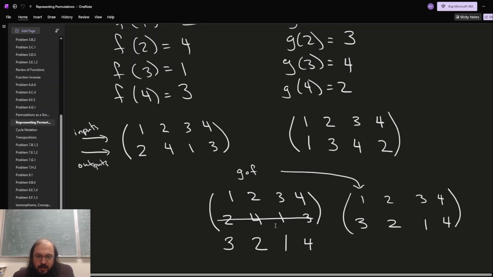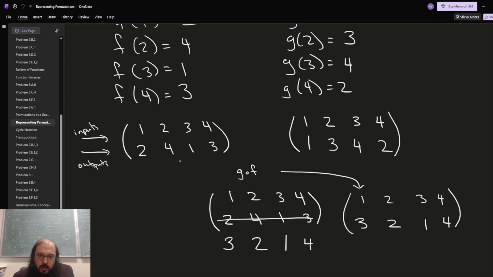What I mean by that is, for this first one, we have 1, 2, 3, 4, a set of inputs. And then if I do F first, 2, 4, 1, 3, you see I've got these written here. Then in order to calculate F following G, I took G, and for each output I grabbed the corresponding input and wrote it underneath.